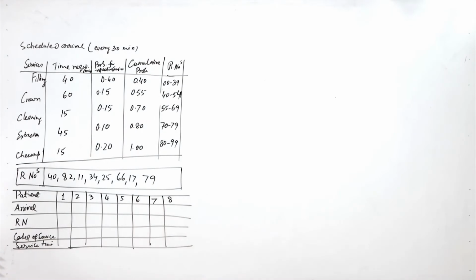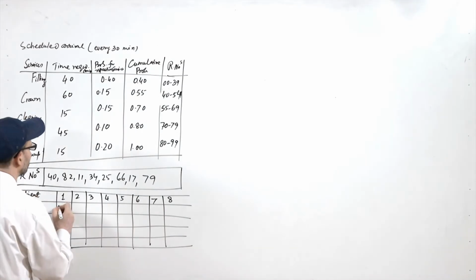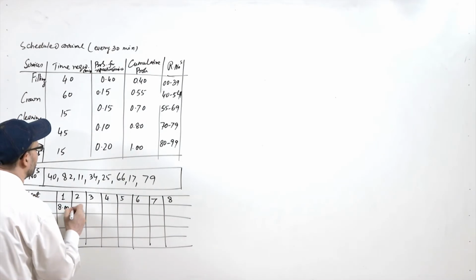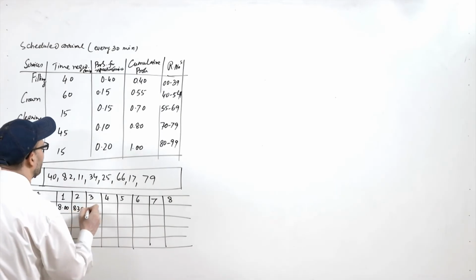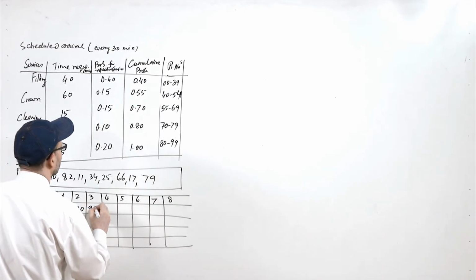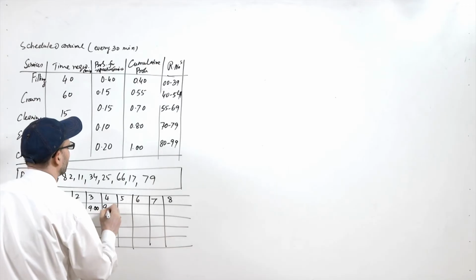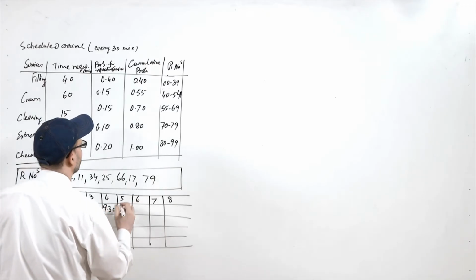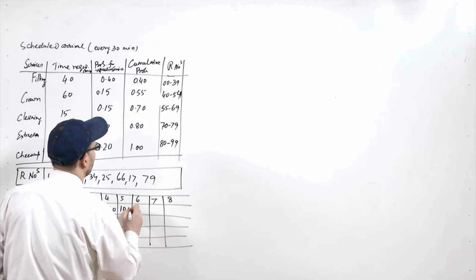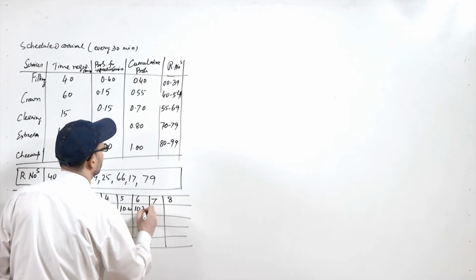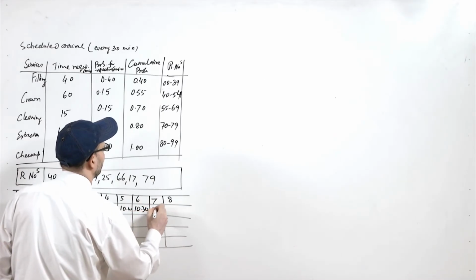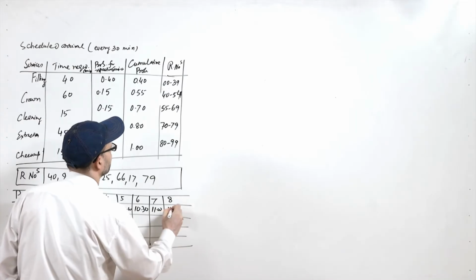Now, the patient arrival is fixed. The first patient is coming at 8, the second at 8:30, the third at 9, the fourth will come at 9:30, the fifth at 10, the sixth at 10:30, the seventh at 11 and the eighth at 11:30.